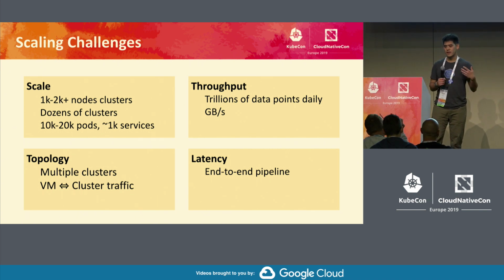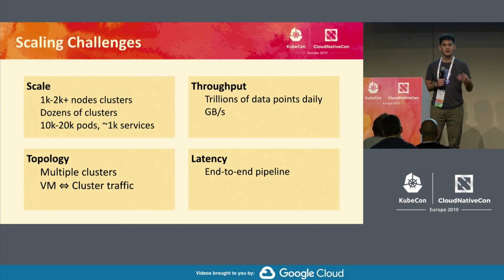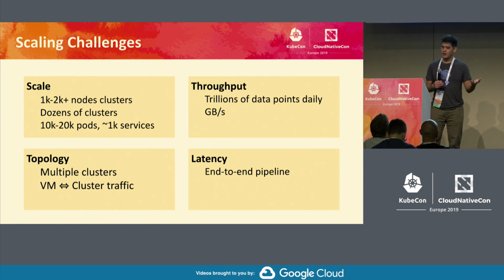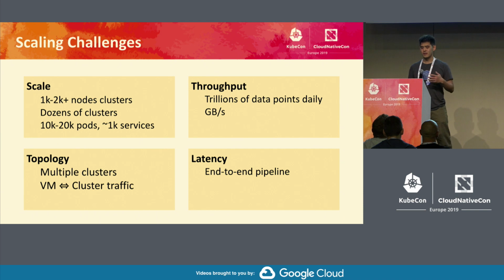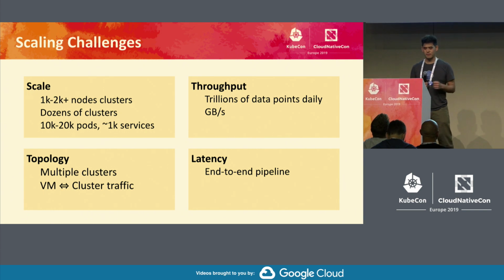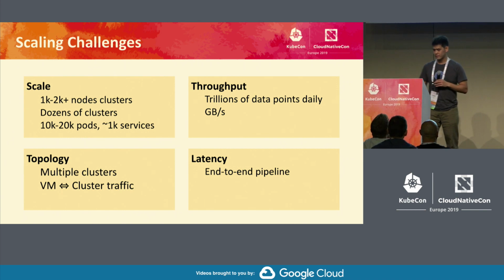In terms of the applications, we're looking at applications that process, say, trillions of RPS and gigabytes of data per second. In terms of topology, we're talking not just of a single cluster or communication within a single cluster, but communication across clusters and between VMs and clusters, mixing them. And finally, in terms of latency, we would like the lowest latency possible for these workloads.